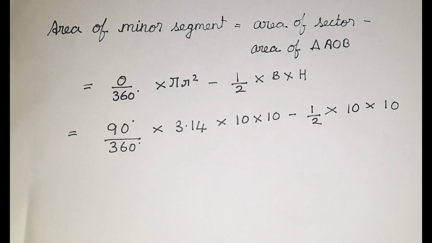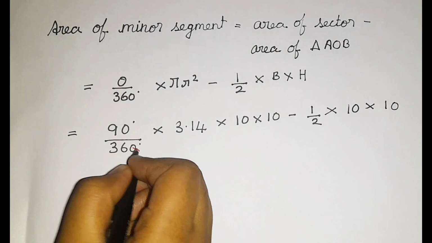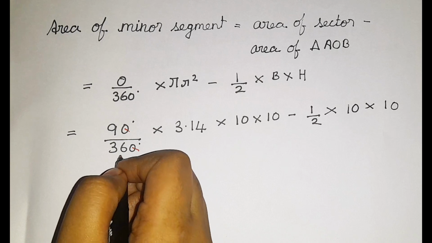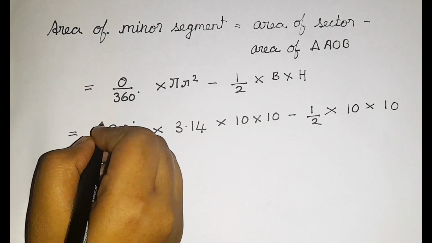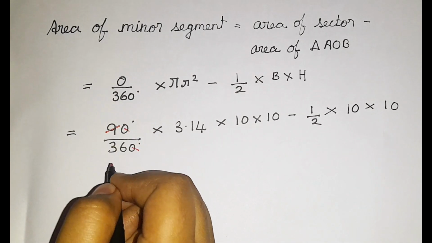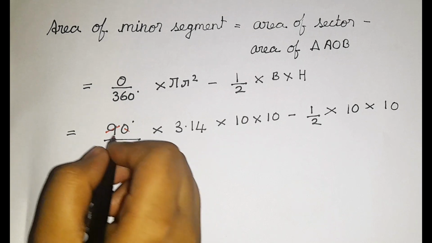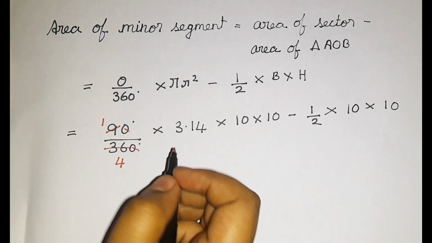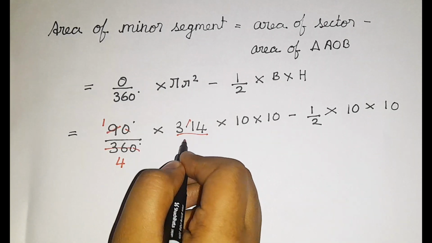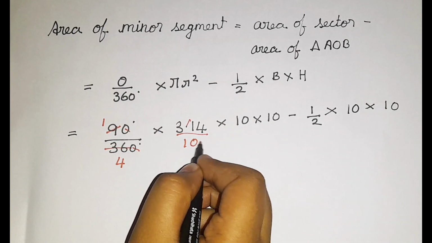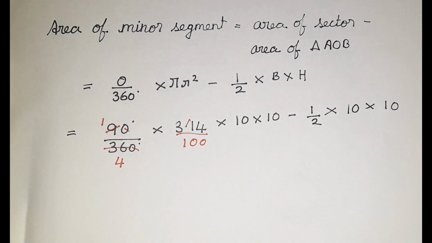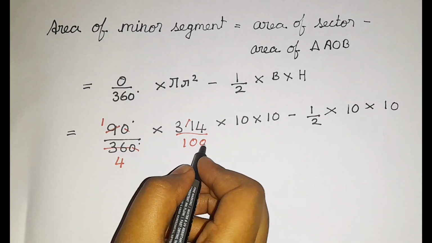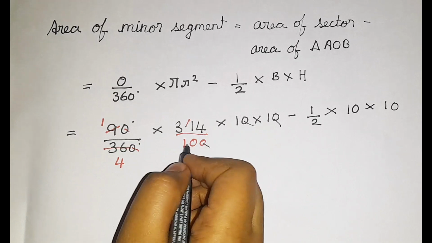Now we can cancel the values, the zeros. We can cancel 9 and 36: 1 9 is 9, and we get 36 in the 4 table. We can take off the point, then it becomes 100, and here we have 0 0, here also 0 0, let us cancel the zeros.